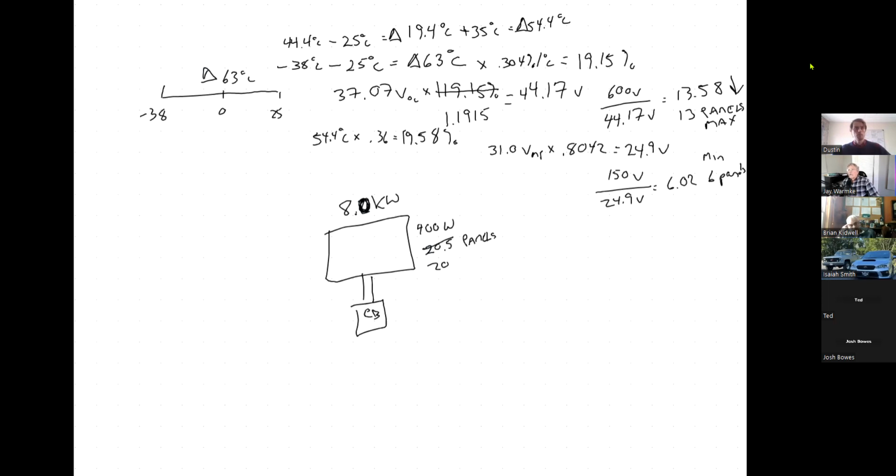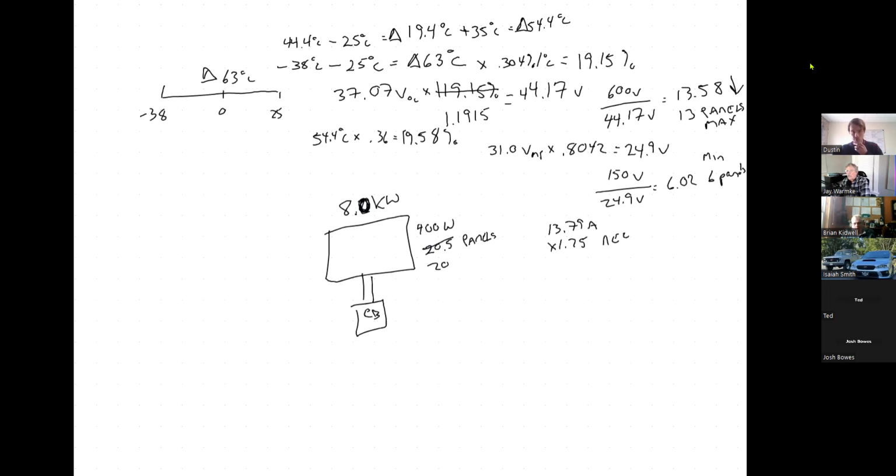Well, in this case, we're going to take the amps. ISC was 13.79 amps. And we're going to multiply it times 1.25, which is the NEC safety margin.